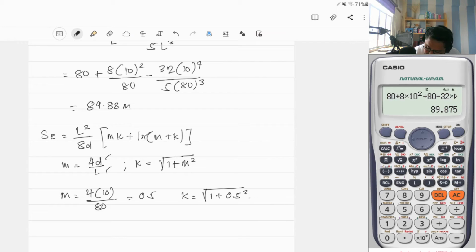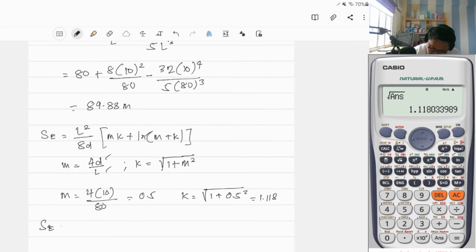So what is that? 1 plus 0.5 squared, square root. So 1.118. Okay, so we can now substitute to our general equation for the exact.